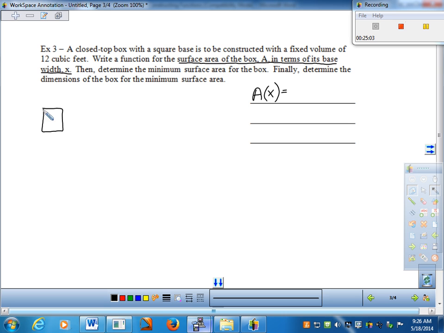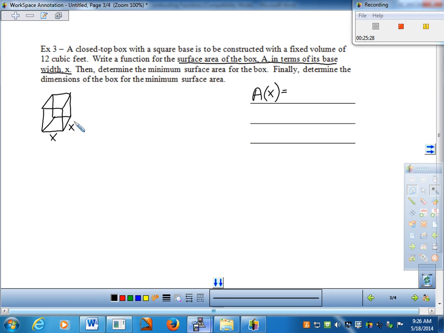It looks like I have a closed top box with a square base. So this is where my lack of artistic ability catches up with me, but something like that. There's a closed top box, square base, and if you read the problem carefully, and please feel free to pause at any time and read it over a couple times, in terms of its square, or the base width, which is x.